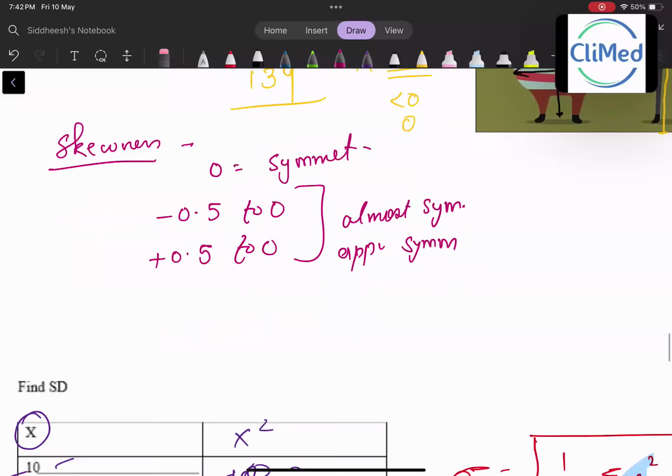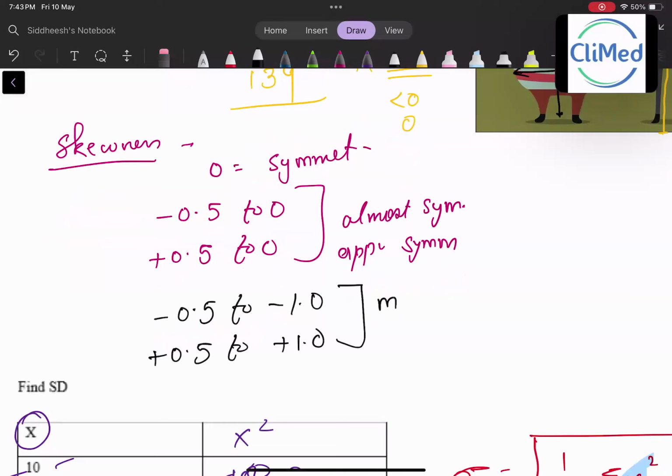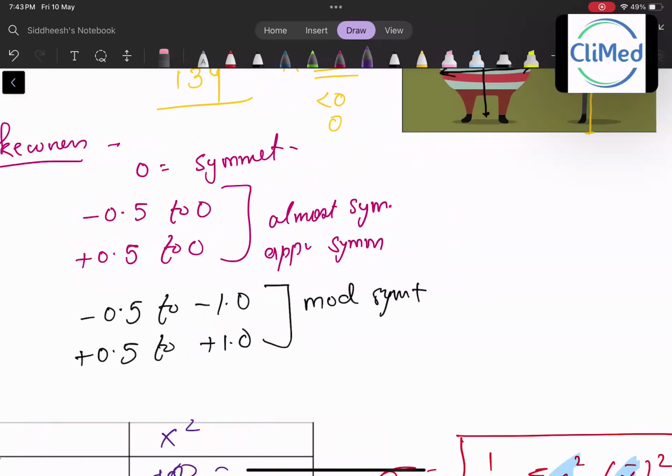The next range, if it is from minus 0.5 to minus 1.0 or plus 0.5 to plus 1.0, then this is moderately asymmetrical. Correct? Now, one more value we have. If data is plus 1 or minus 1, this indicates what?